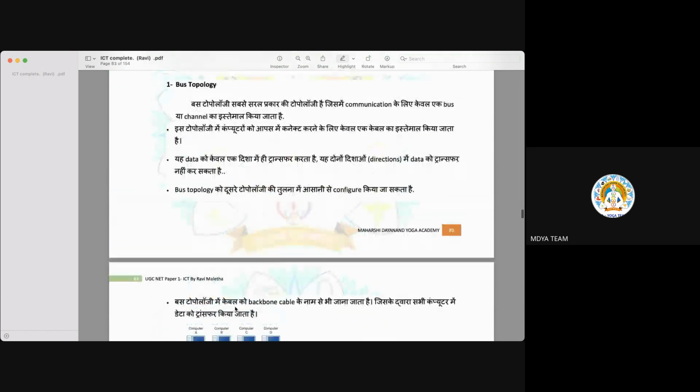Now in this bus topology, the communication is done only in one direction. Data transfer can be done only in one direction if they are configured in such a way. If there is a two-way communication, the data gets spoiled, corrupted or distorted.